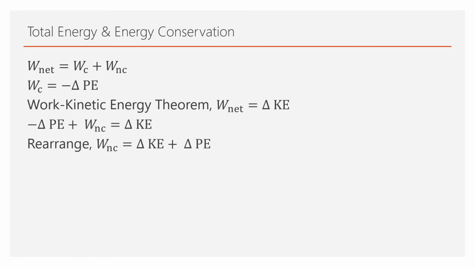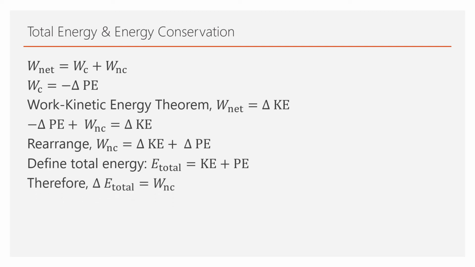We can rearrange this to say that the work done by non-conservative forces is equal to the change in kinetic energy plus the change in potential energy. We can then define the total energy as a summation of kinetic energy plus potential energy. And so therefore we can rewrite the above statement as: the change in the total energy of a system is equal to the work done by non-conservative forces.